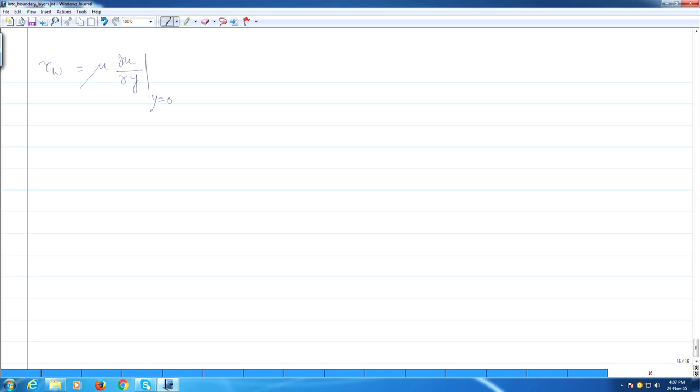So, shear stress is nothing but, which we did in the previous modules, coefficient of viscosity into the gradient of the velocity. Now, shear stress at the wall is nothing but this gradient at y is equal to 0. So, in this case it is equal to 2 nu u naught by delta.